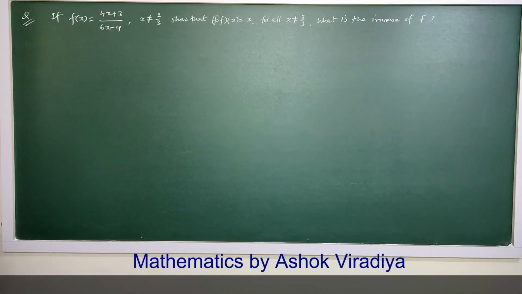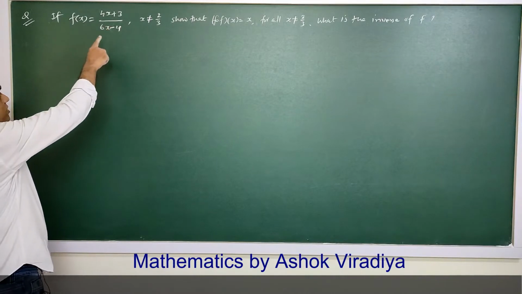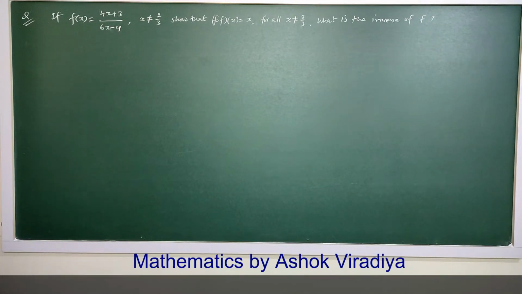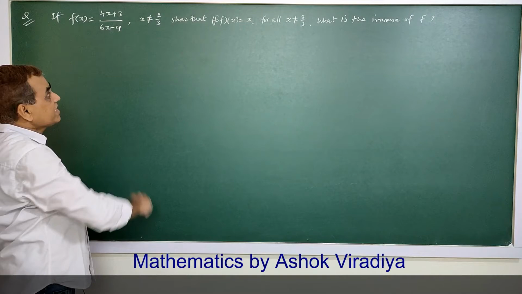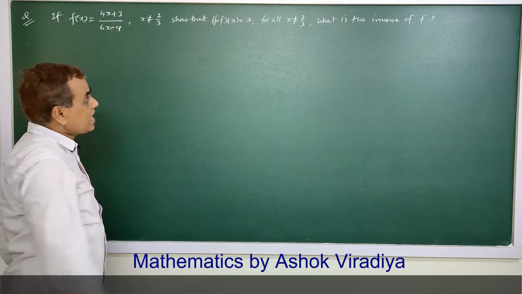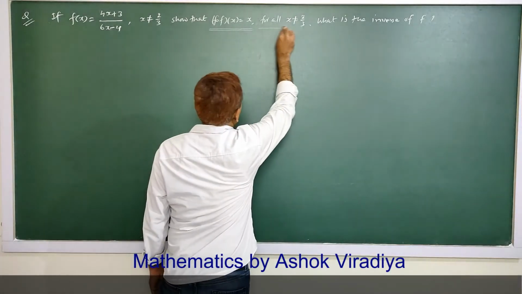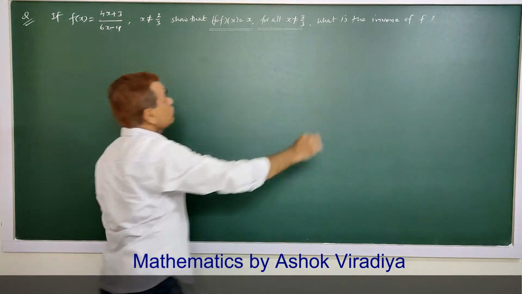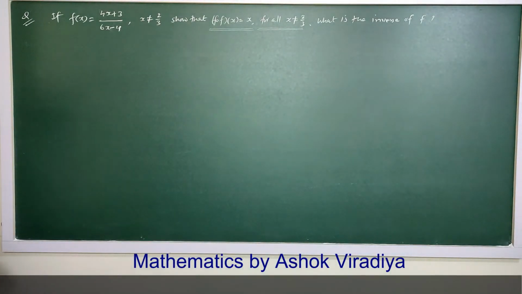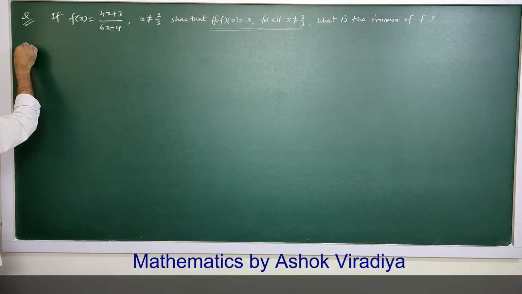If f(x) is (4x + 3)/(6x − 4), x not equal to 2/3, show that fof(x) equal to x for all x not equal to 2/3. Let us first prove this first part.